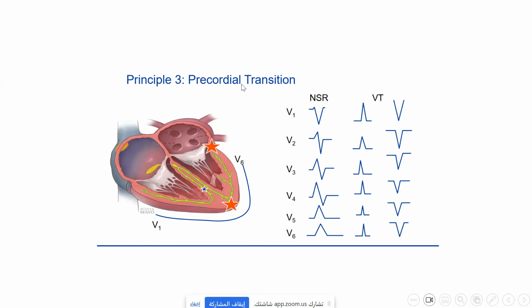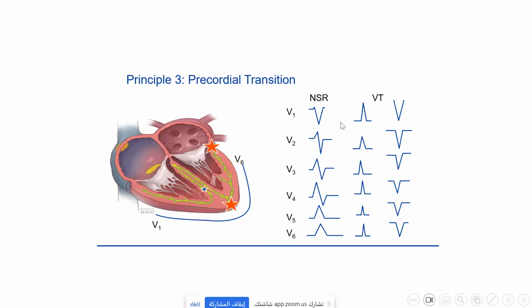The other thing to look for is the precordial leads, for any kind of concordance. In normal sinus rhythm, as you know, from V1 to V6 there is a small r starting in V1 to the most dominant R wave in V6. In wide complex tachycardia, if you have positive concordance or negative concordance, meaning all leads positive or all leads negative, this is called ventricular tachycardia.